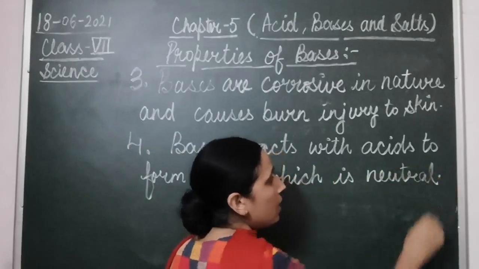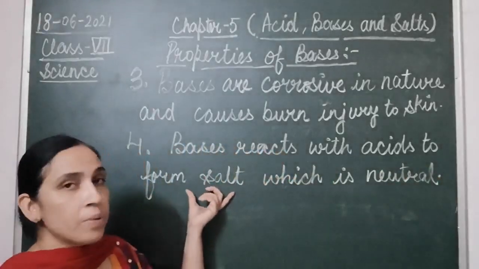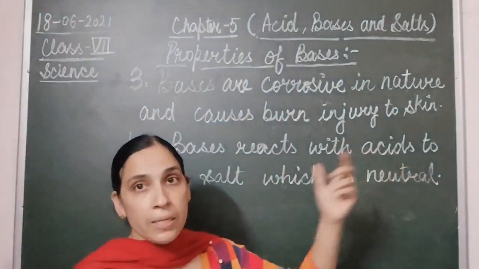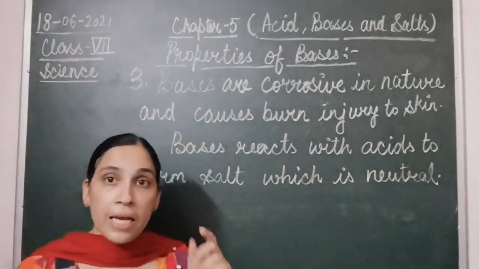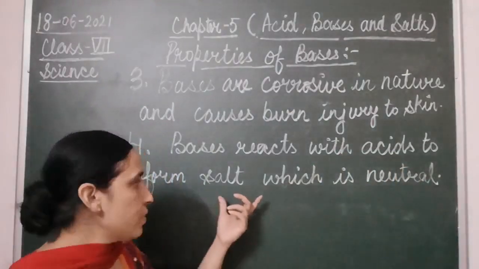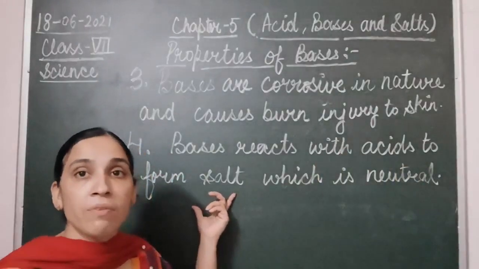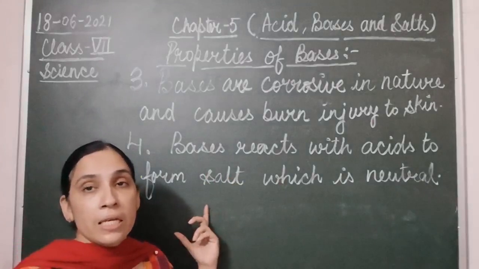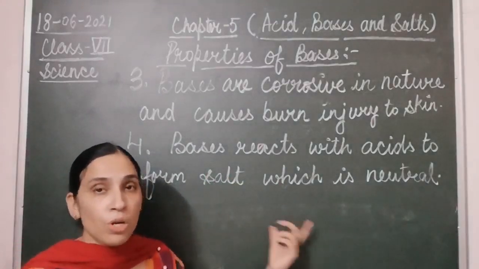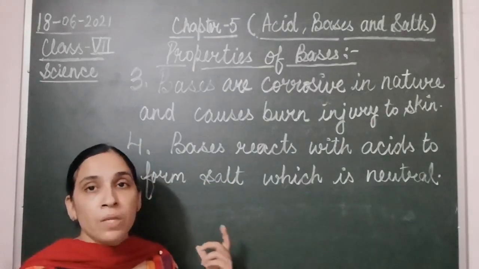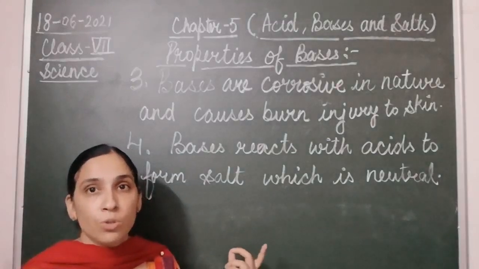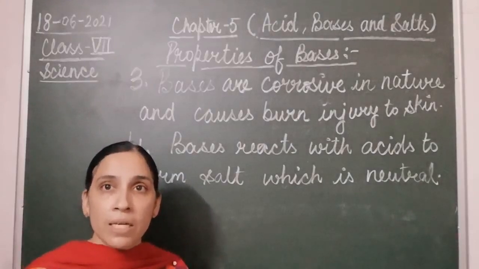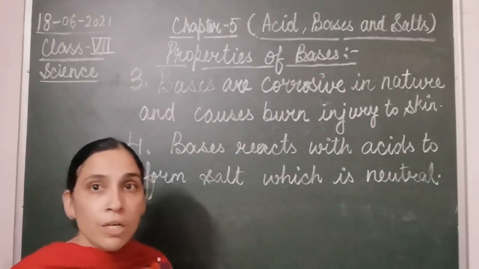Neutral means the salt which we obtain after combining a base with an acid. If a base reacts with an acid, then a salt is formed. Different types of salt are formed. If calcium hydroxide reacts with HCl, hydrochloric acid, we will get a calcium salt. If sodium hydroxide reacts with sulfuric acid, we will get a salt.